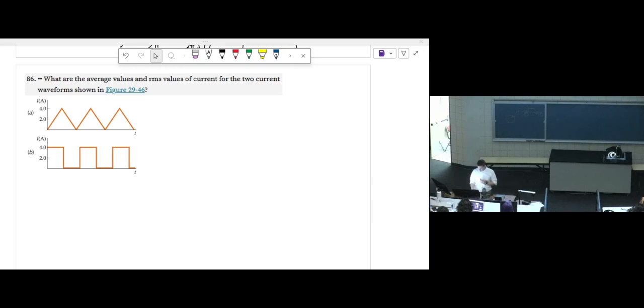So for here, remember you've got the equation for a line, y equals mx plus b. Then looking at part A, the current is going to be equal to 4 times time, just in this region right here. And what we're going to do is call this delta t.